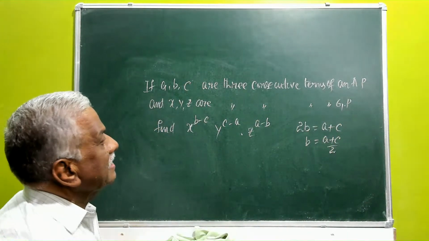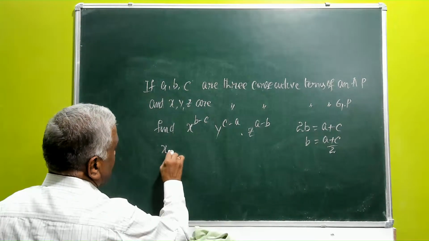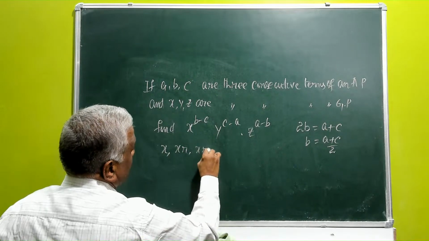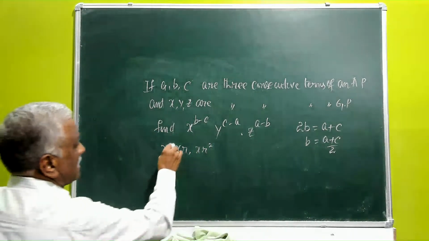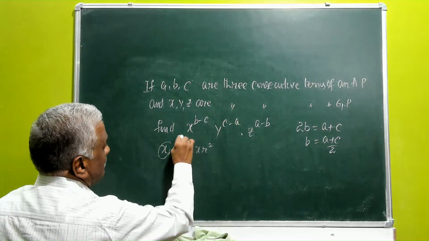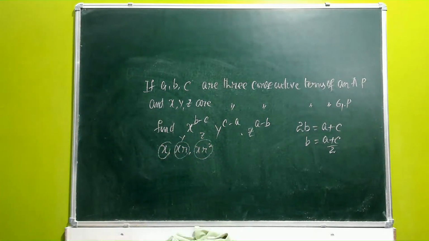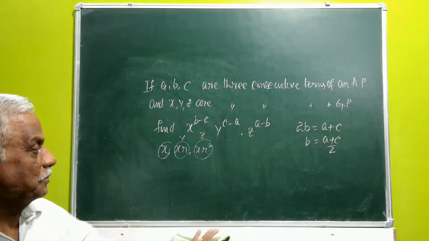Now x, y, z are in GP. So we shall take the first term as x, second term as xr, third term as x r square. That means this is x only, this is y, this is z. Because when 3 terms are in GP, they should have a constant ratio.